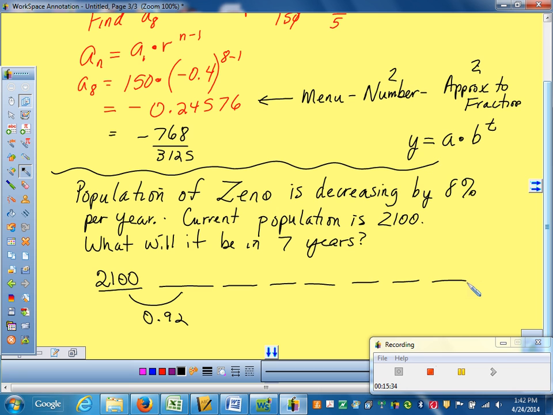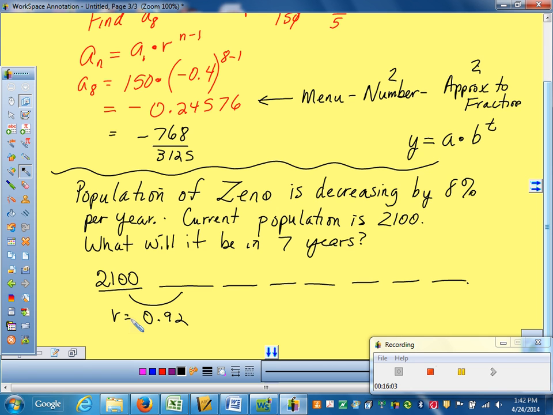All right, so we decided now I need to multiply by 92%. That makes 0.92 be our what? Our first term, our last term, our ratio, our sum. What is that? That's the ratio. So we're using a ratio of 0.92. I want to know what it's going to be in 7 years. So am I asking it to sum up all the years, or am I needing to find a certain term?